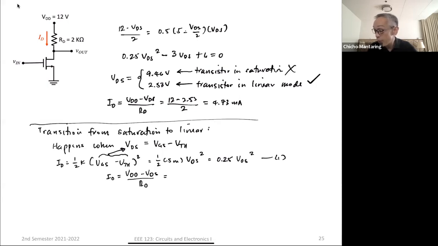This is 12 minus VDS all over 2K. So we can equate these two. We have 0.25 VDS squared equal to 12 minus VDS over 2K.